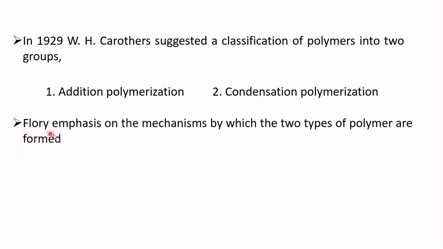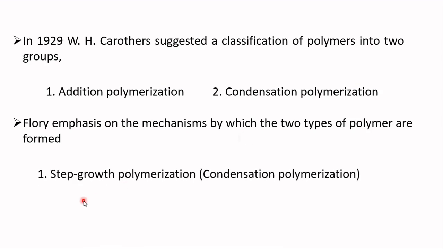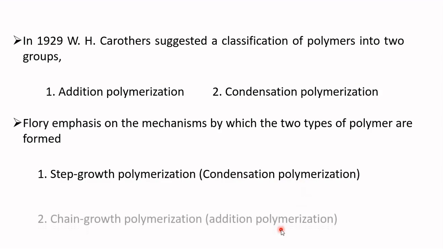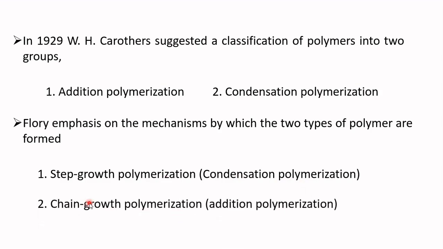Later, Flory emphasized the mechanisms by which the two types of polymers are formed. So based on the mechanism, the polymerization process can be classified into step growth polymerization, which is also called condensation polymerization, and chain growth polymerization, which is also called addition polymerization.